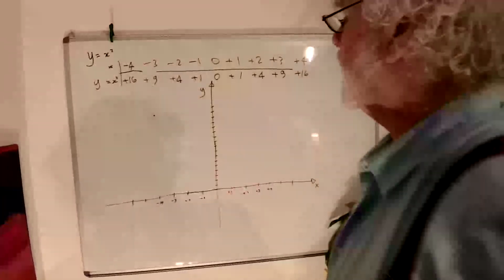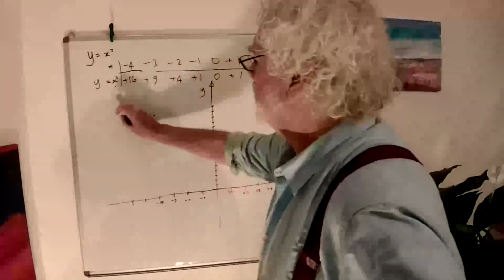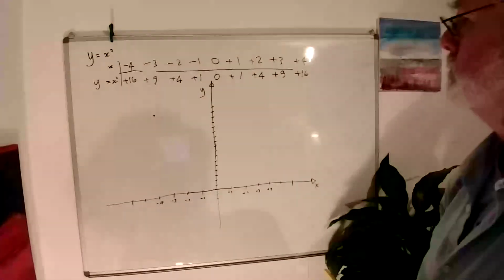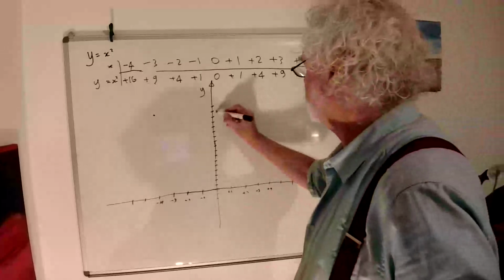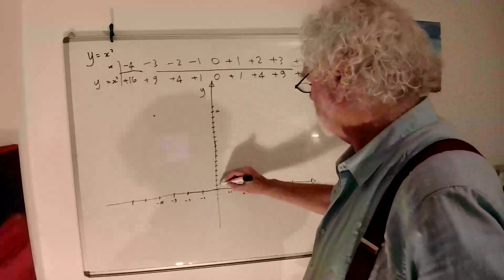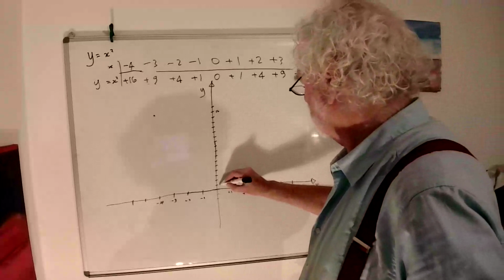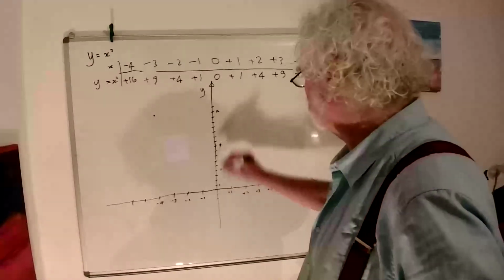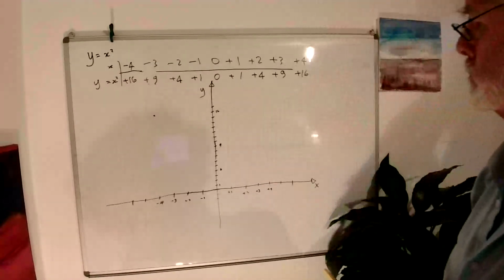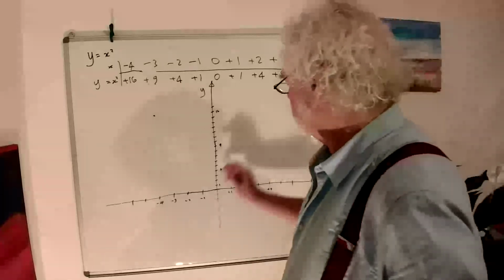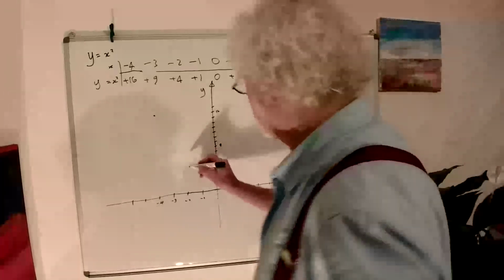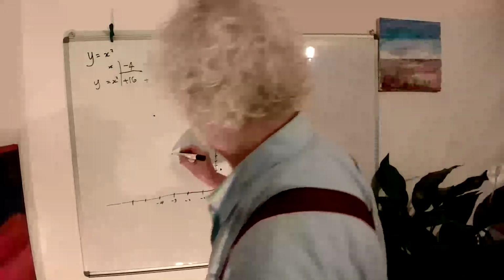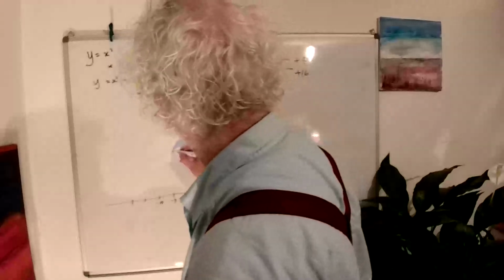So there's a point there on y equals x squared. 1, 2, 3, 4, 5, 6, 7, 8, 9. Minus 3 aligns, well, y equals 3 squared is 9, plus 9. It comes there.